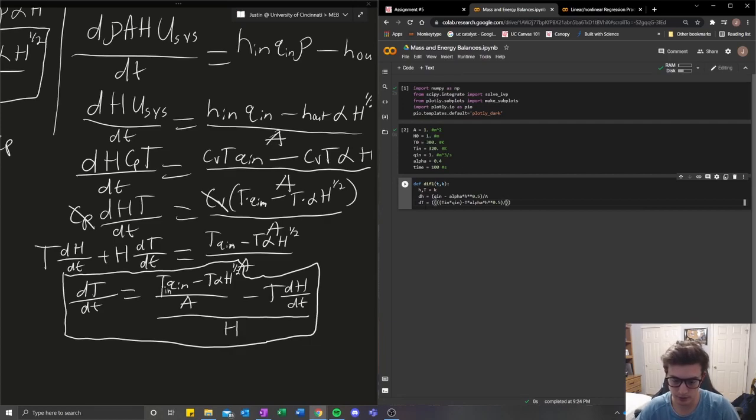And this is all divided by the area. And then we've got this temperature times the change in height, so dH, and then all of this is divided by the height.